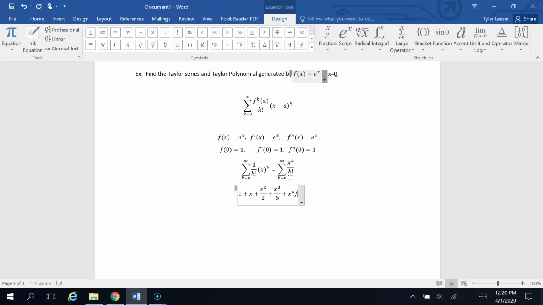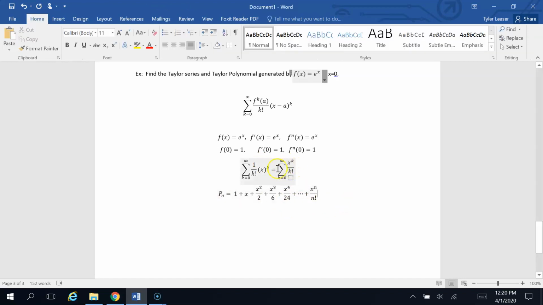Maybe one more here, x to the 4th divided by 4 factorial, which is 24. Now remember that this is the Taylor polynomial, so we're not going out to infinity, we're just going out to n. So this would be our nth term here, x to the n divided by n factorial. This is what we would label our Taylor polynomial of degree n.